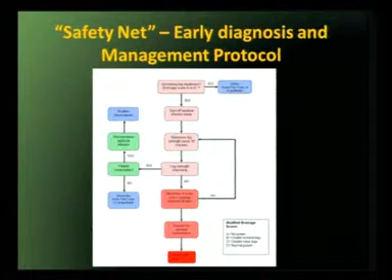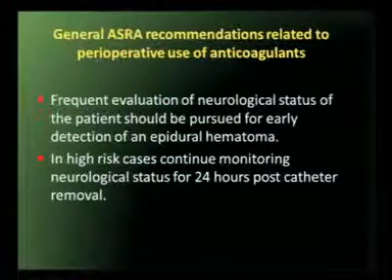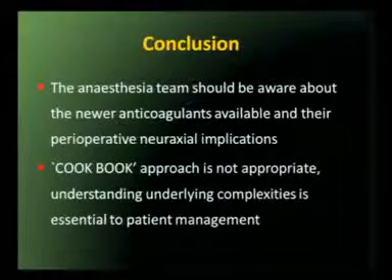The confusion continues, but we need to have a safe path, a safe journey, so that you maximize the patient outcome, and you need to have a safety net wherein if at all you have any problem, you diagnose it early and intervene appropriately, so that you can prevent any major morbidity.